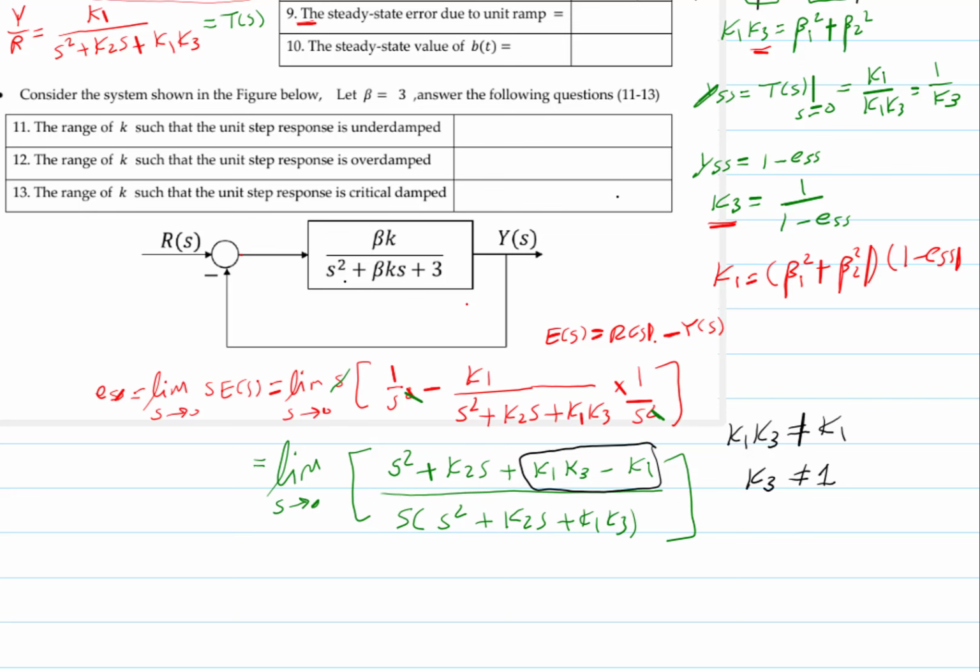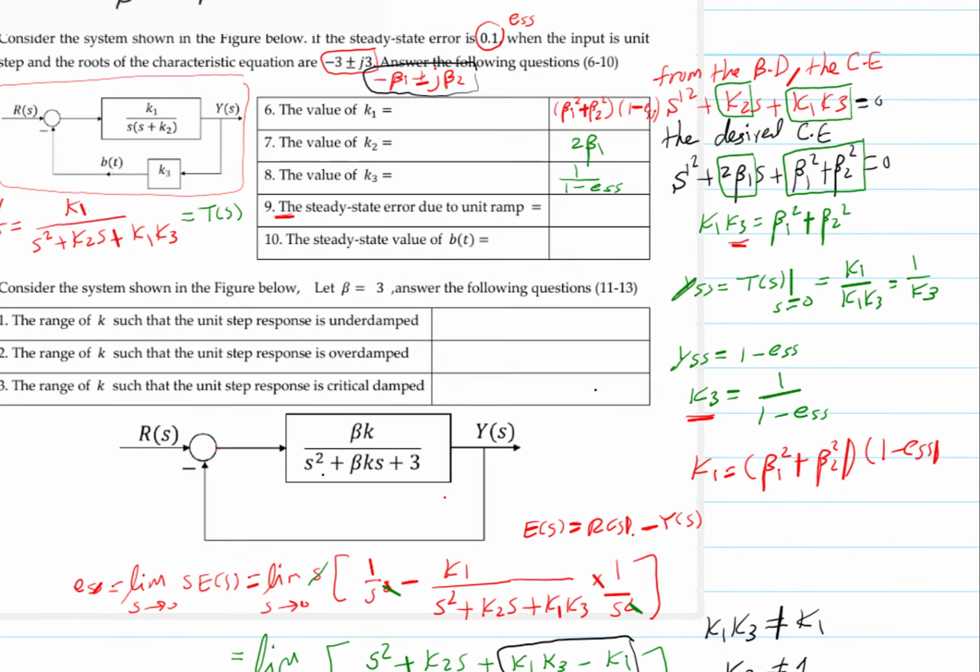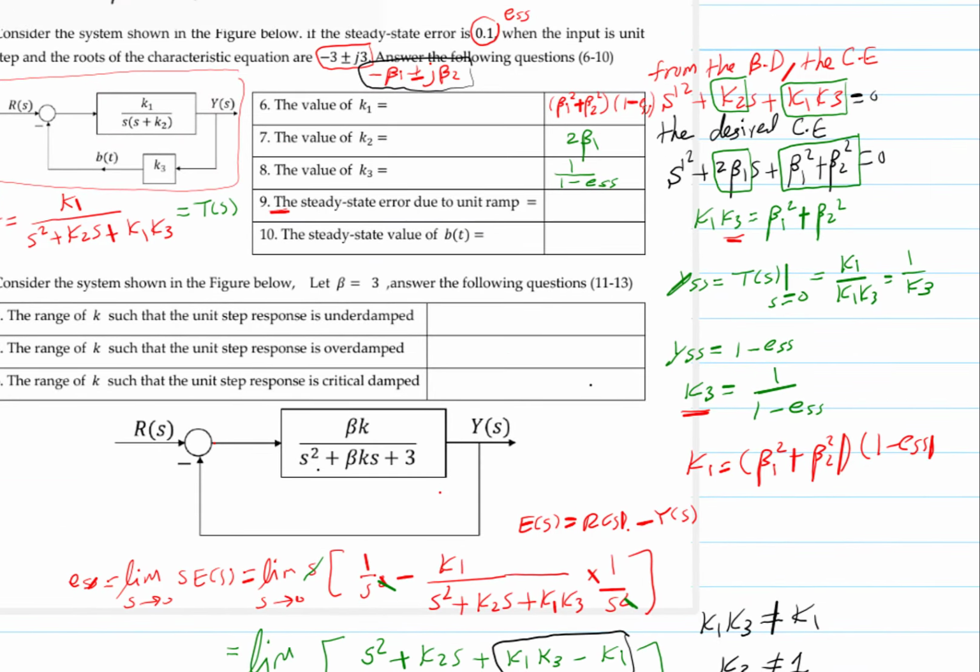Because k3 is equal to 1 over 1 minus e steady state, and we are giving you a steady state value not equal to 0. If e steady state equals 0, this term will equal 0 and we have a finite error. But because k3 does not equal 1, this means that e steady state will equal infinity. So here we have the infinity.